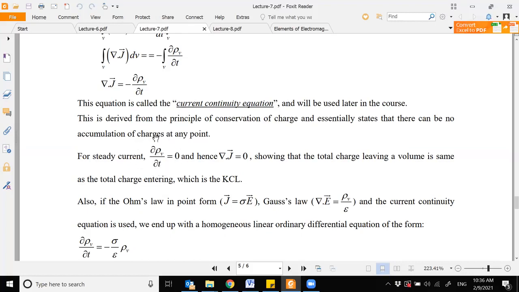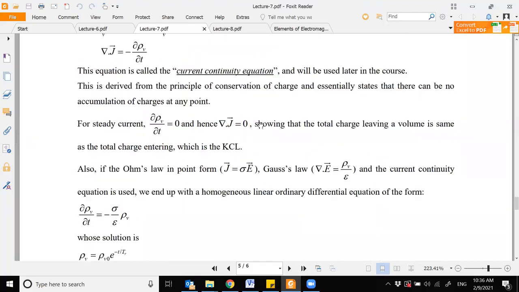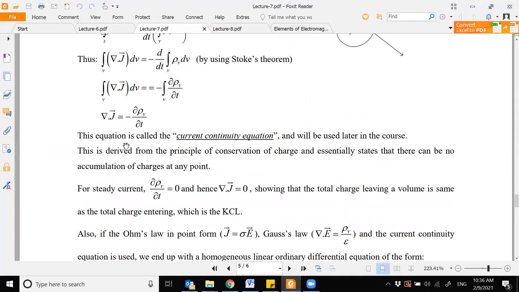Because dou rho v over dou t becomes 0 if the current is steady, and then del dot J bar becomes 0, showing that the total charge leaving a volume is the same as the total charge entering the volume, which is your Kirchhoff's current law. So this is called the current continuity equation.